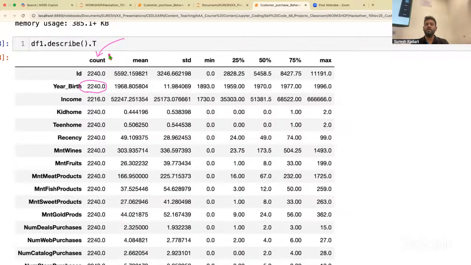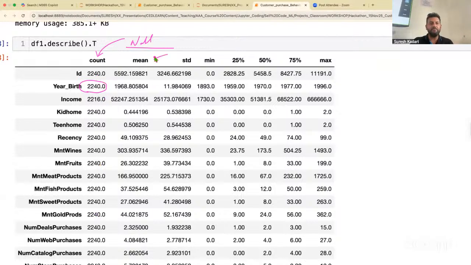Anybody? Okay, that is fine. But how does it help me? Very good. How many null values are there? See, that is beautiful. With the describe, I can find out many things.